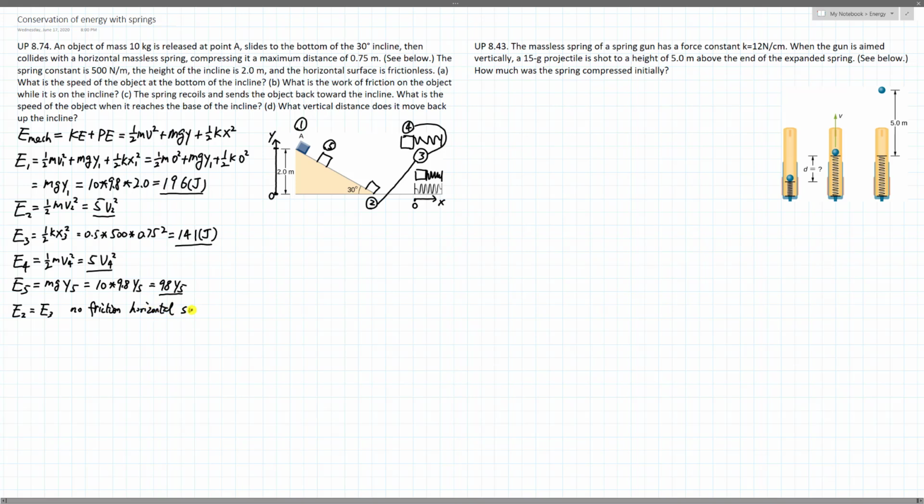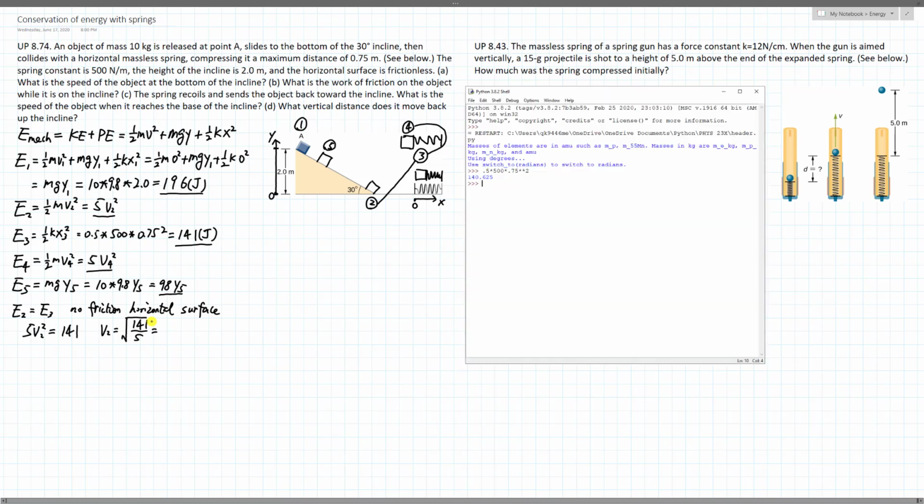Horizontal surface. All right, so let's do that. We have 5 v2 squared equals E3, which is 141 joules. So v2 is equal to the square root of 141 divided by 5. Okay, let's pop out our calculator.